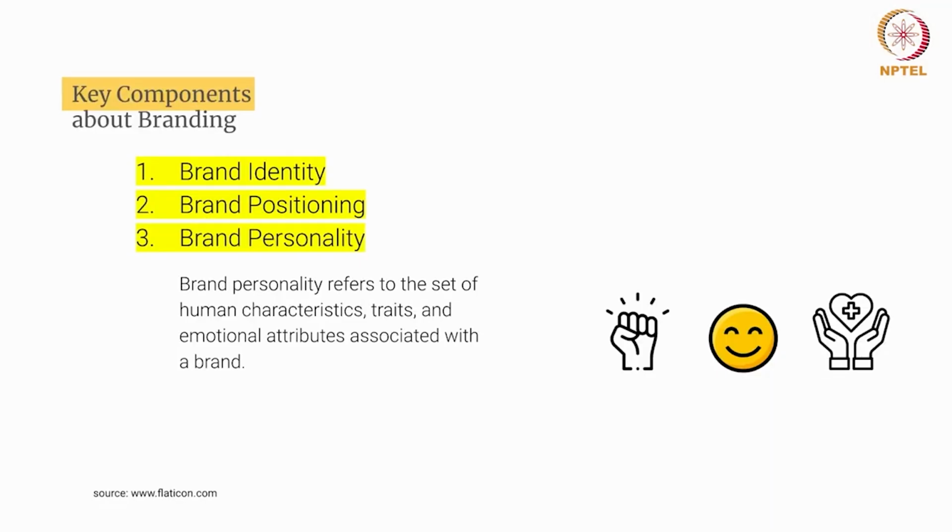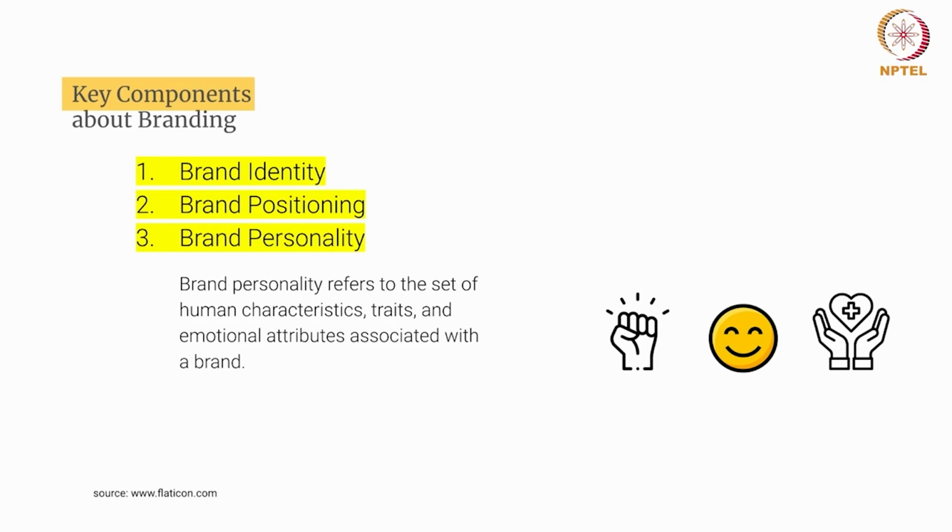Brand personality refers to a set of human characteristic traits and emotional attributes associated with a brand. So overall, it's like the overall personality, right? So this is another segment, brand personality, where you try to focus on the human characteristic traits and emotional attributes associated.